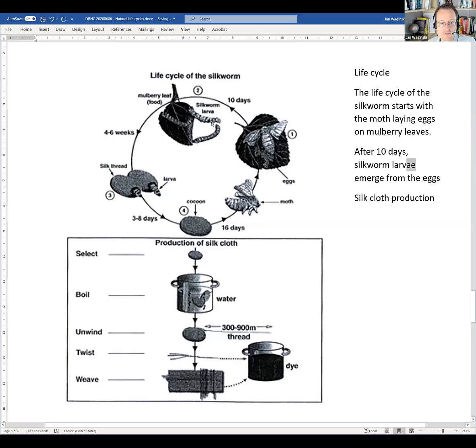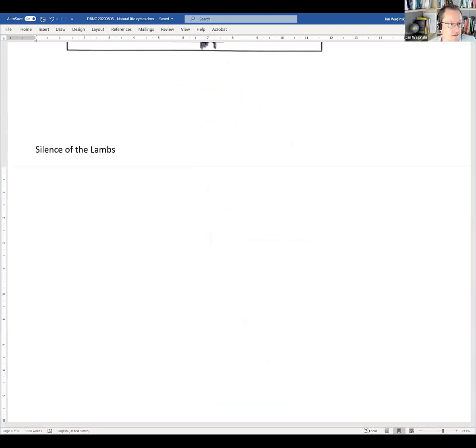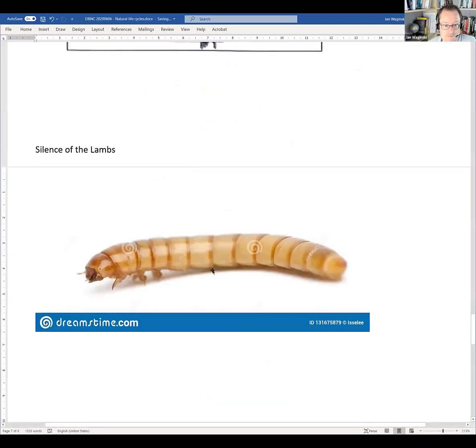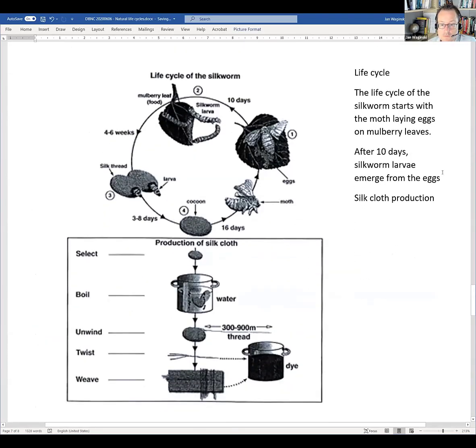Larva is just what these things look like. Lots of good pictures today. Here, this is larva. Silkworm larvae emerge. Thank you for catching that. Larva plural is larvae. Larva singular is just a.